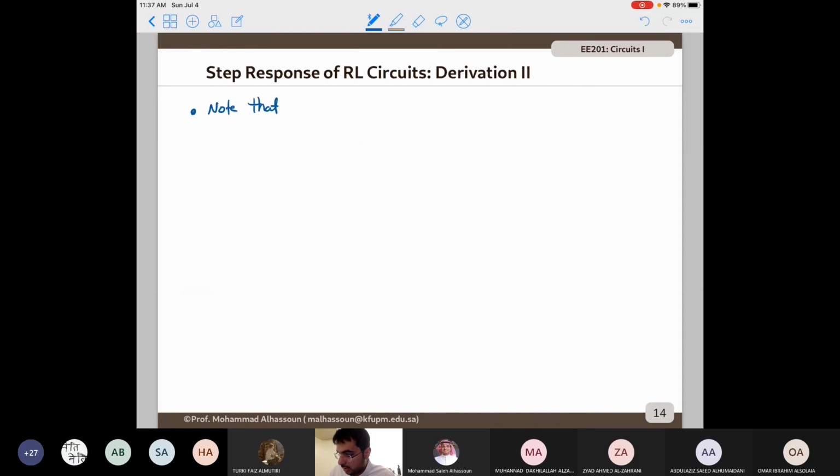Note that, again, this is the last thing I'm going to explain. Probably the only thing missing is finding VL. Note that 1 tau is when the current reaches 63% of its final value.